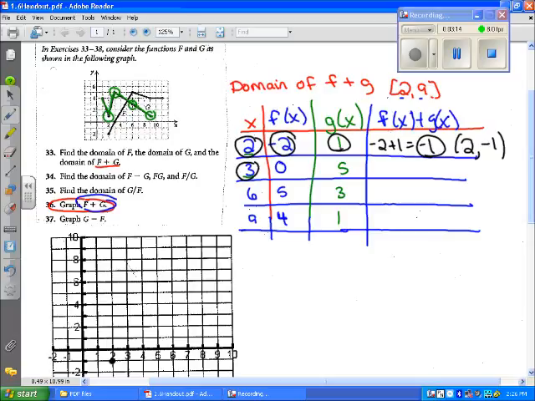Okay, let's go to the next point. X is 3. Let's find y. So I'm going to take f of x plus g of x. 0 plus 5 is 5. That gives me another point. Okay, and then keep going from there. If x is 6, f of x is 5 plus 3, which is 8.